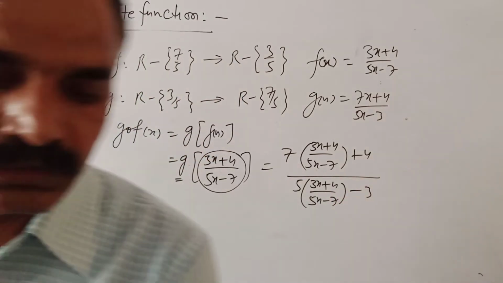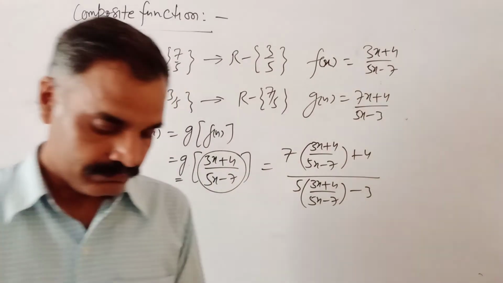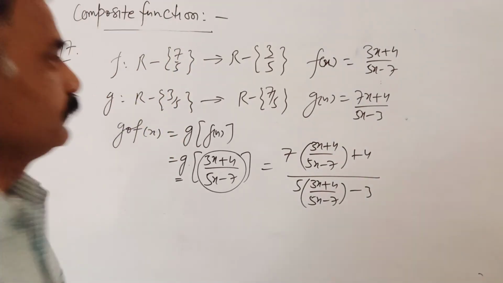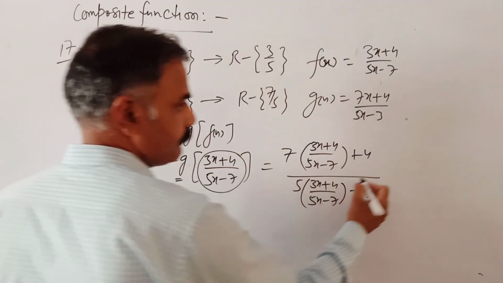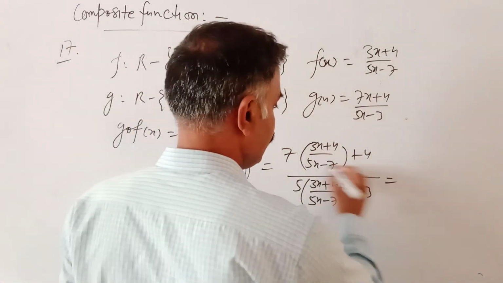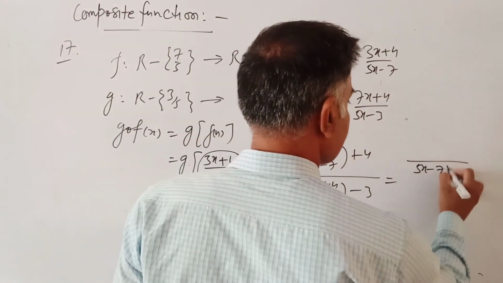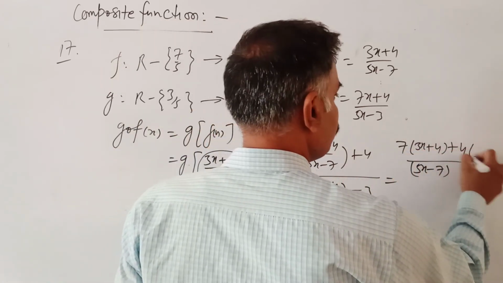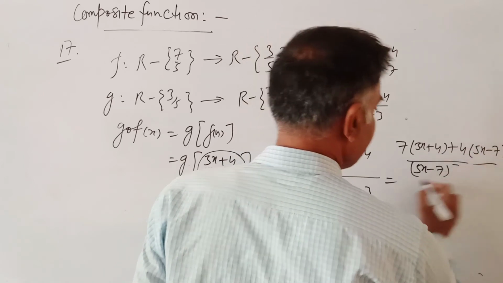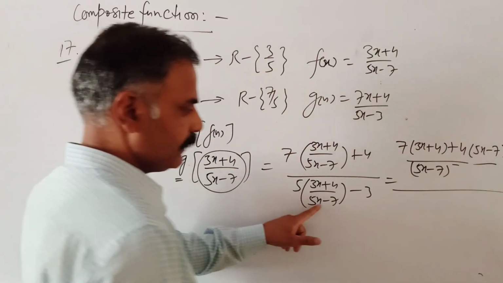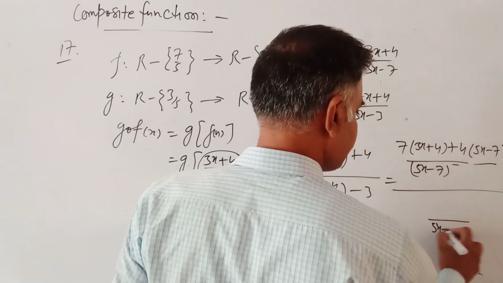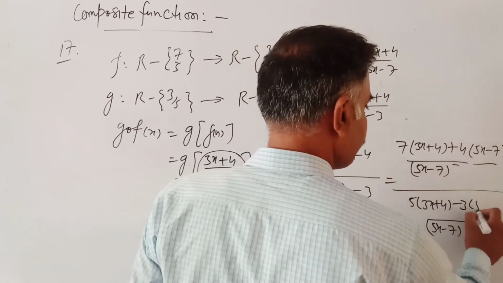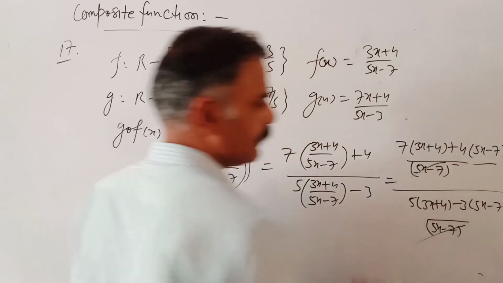Now we have to solve this. Taking the LCM as 5x minus 7, we get 7 into (3x plus 4) plus 4 into (5x minus 7), divided by 5 into (3x plus 4) minus 3 into (5x minus 7). The LCM cancels.